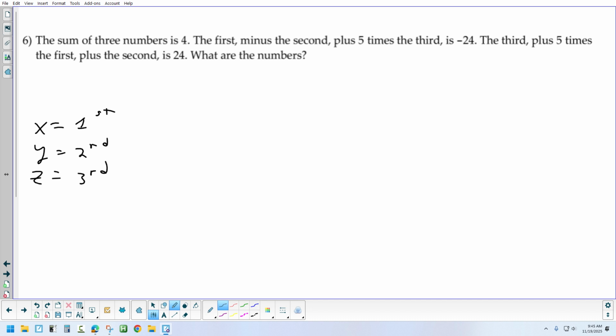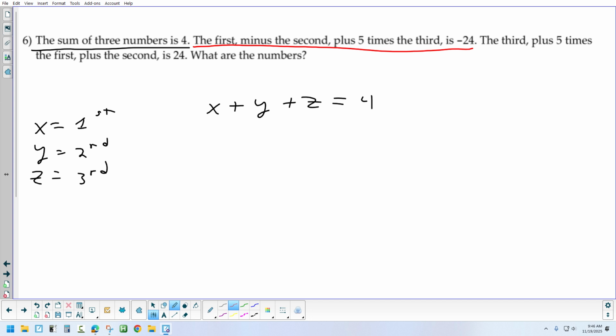How could you translate just that part into an equation? X plus y plus z. Yeah, there's your first equation. X plus y plus z, the sum of all 3 numbers, means equals, and then what is on the other side? 4. Okay, so there's your first equation. Okay, the second equation is going to be this one.